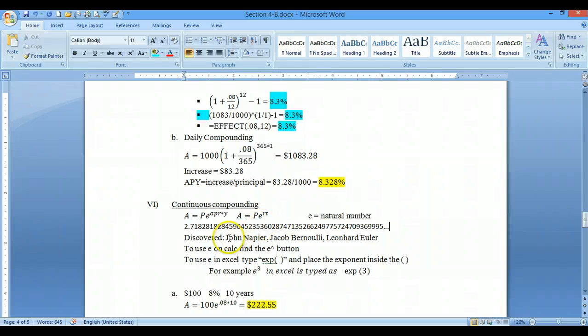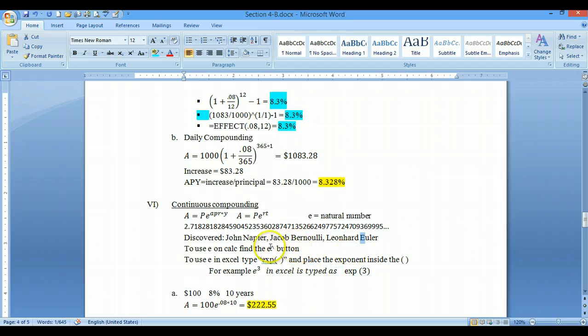The first reference to the natural number was by John Napier, who gets a lot of credit for it, but he didn't actually have the digits themselves. Jacob Bernoulli also tried to calculate it, but the person who gets most credit is Leonhard Euler because it's named after him with the E.